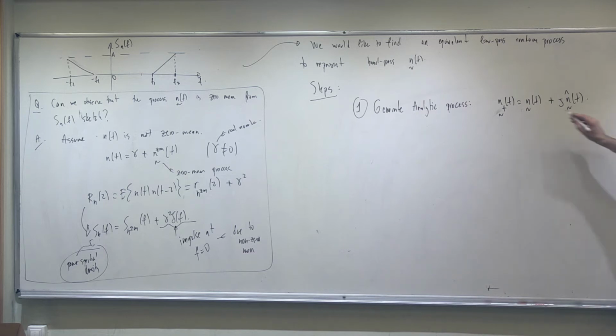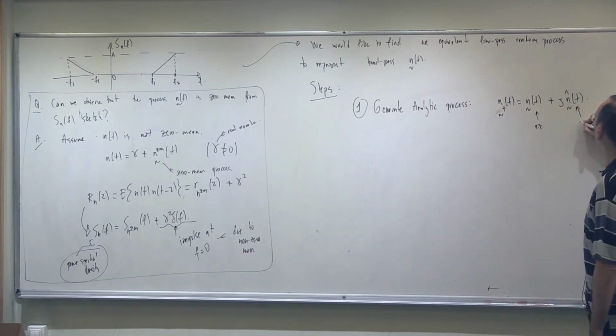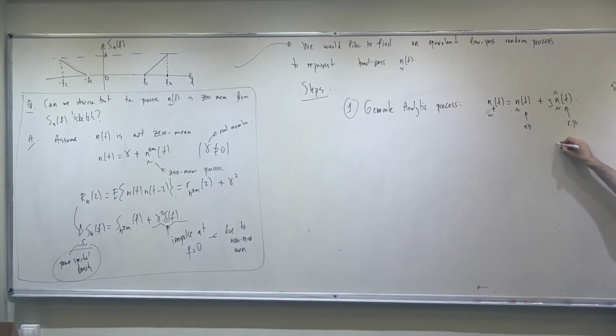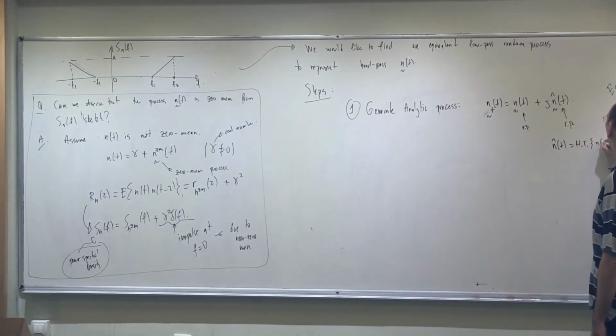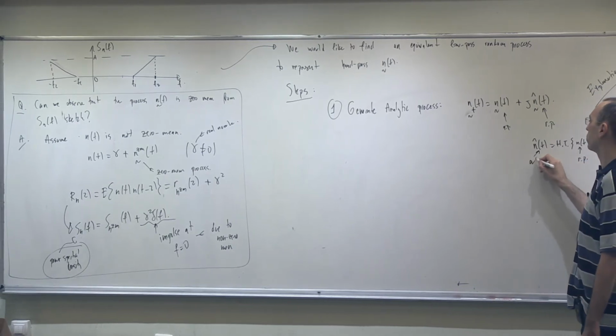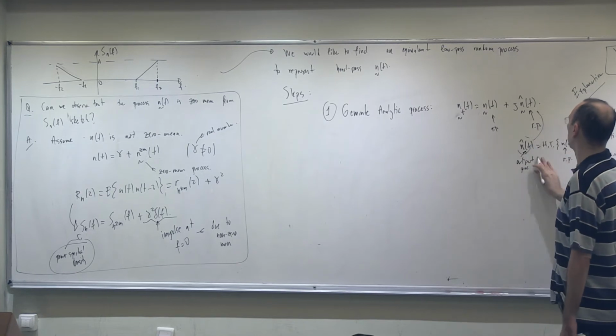Okay. So right now these are random processes. This is a random process. This is another random process. N hat of t is the Hilbert transform of n of t, but this is a random process. So this is the output process.